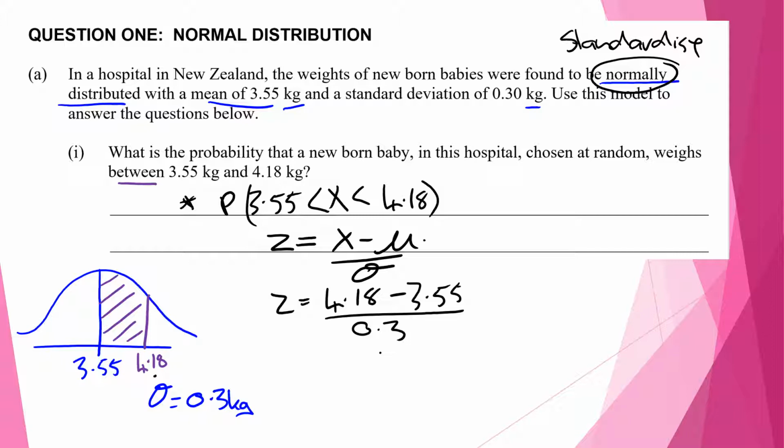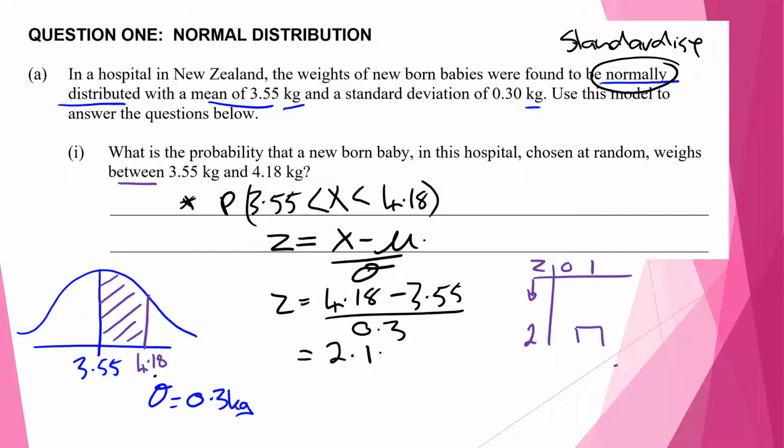So enter that into a calculator and we should get a z value of 2.1. Now we look up the value of 2.1 on our z tables, and just to give you a quick rundown on that one: the column down here, you're looking for 2, and then across to 1.